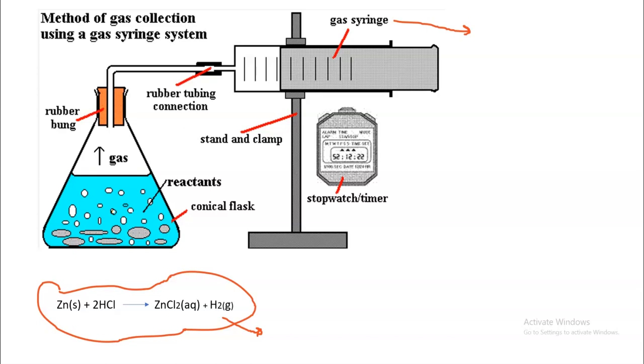So the first is to collect the gas which is formed. The second is to measure the volume of the gas which is formed. So those 2 will be your 2 functions of why we are using the gas syringe.